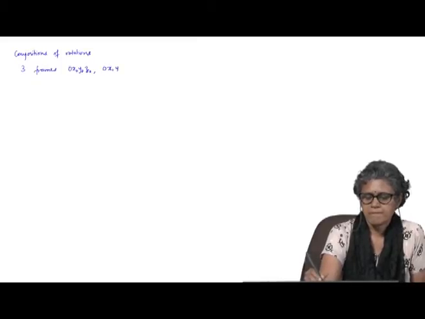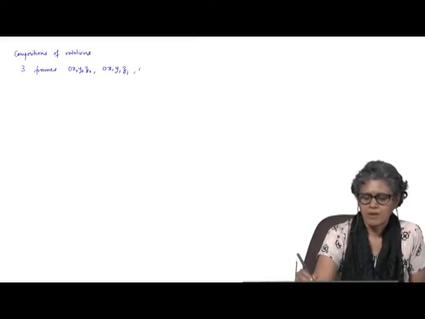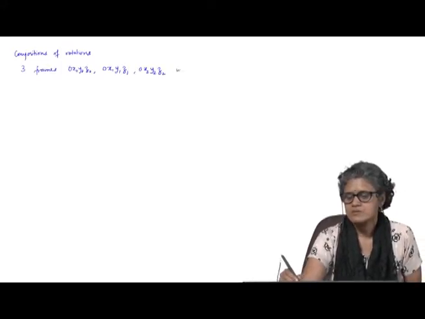Now let us look at if you have multiple rotations happening, how these rotations are composed. So let us say we have 3 frames, O, x2, y2, z2. So the origins are coincident.